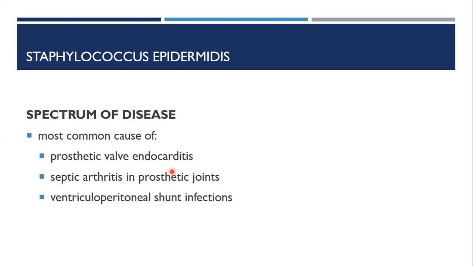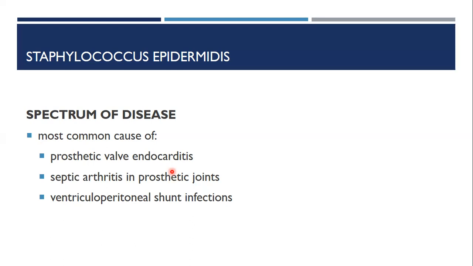Okay? Why? Remember I mentioned that gram-positive bacteria has actually a structure in their cell wall. We call that structure glycocalyx. Remember that glycocalyx in turn is responsible for biofilm formation.